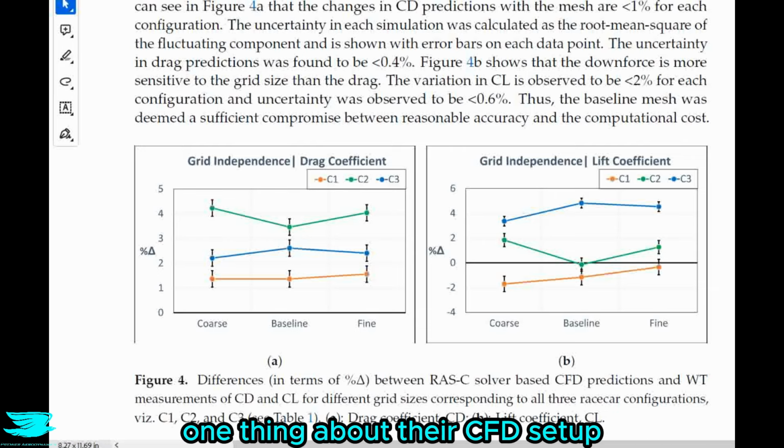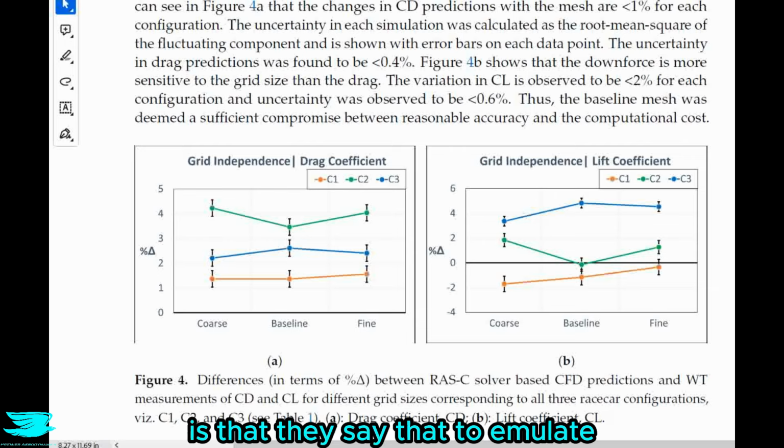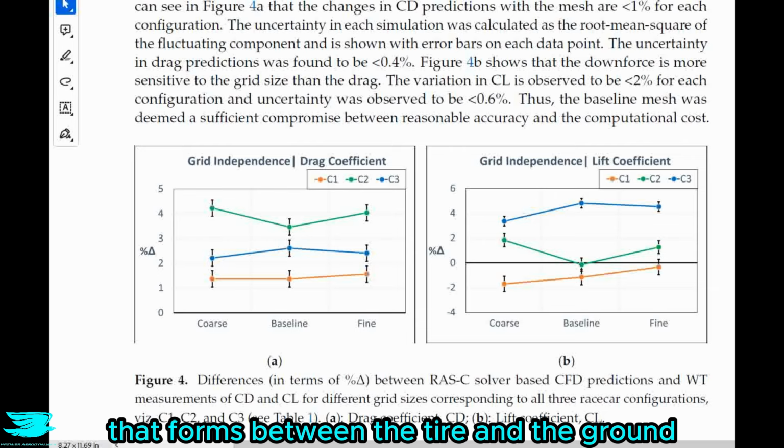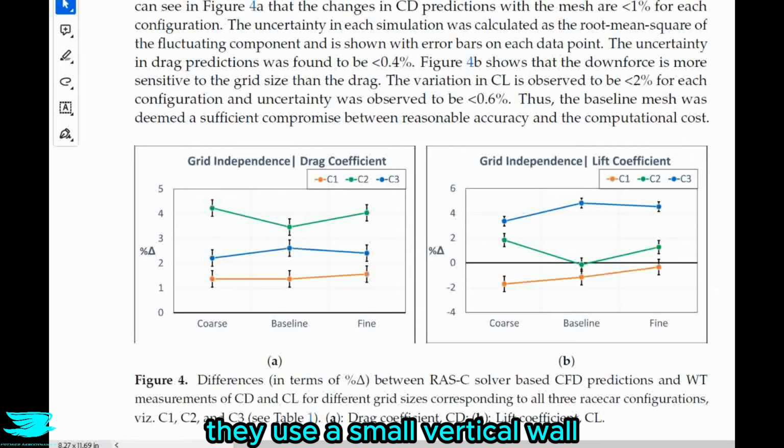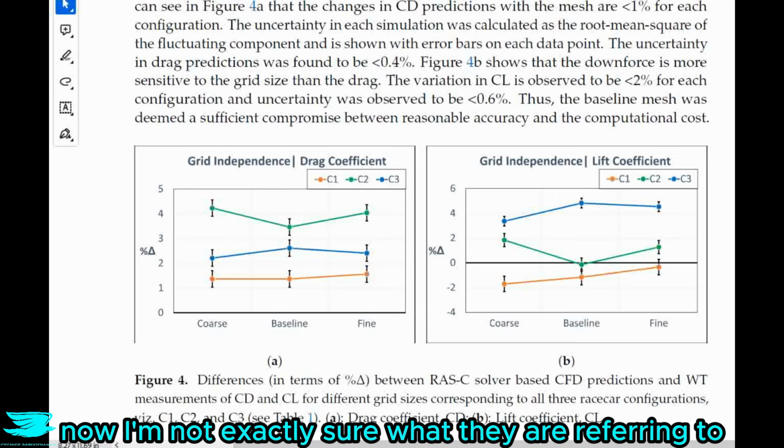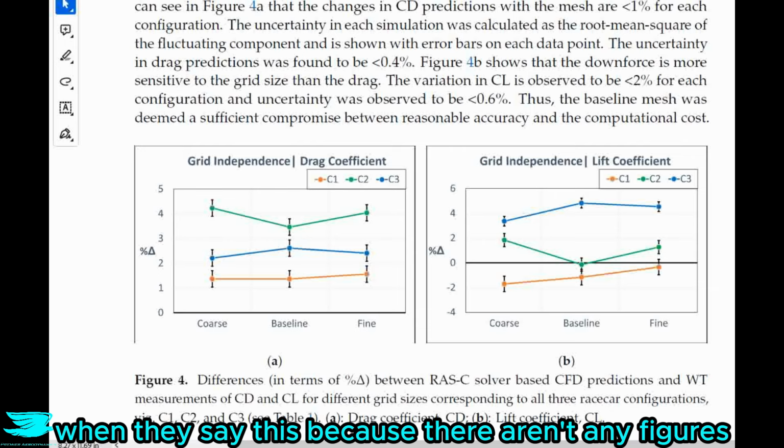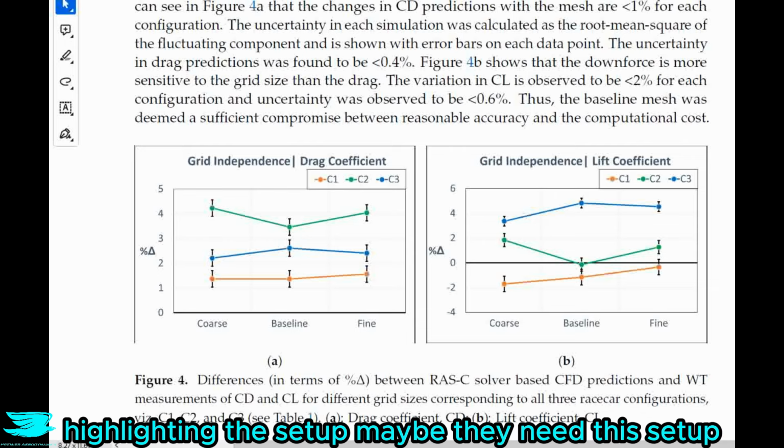One thing about their CFD setup that I don't quite understand is that they say that to emulate the contact patch that forms between the tire and the ground, they used a small vertical wall. Now, I'm not exactly sure what they are referring to when they say this, because there aren't any figures highlighting the setup.